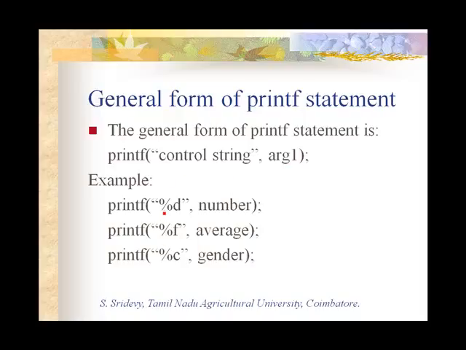If we want to print an integer number, we have to make use of the control string %d. If you want to print a floating point number, we have to make use of %f. If you want to print a character, we have to make use of the character format specifier %c.